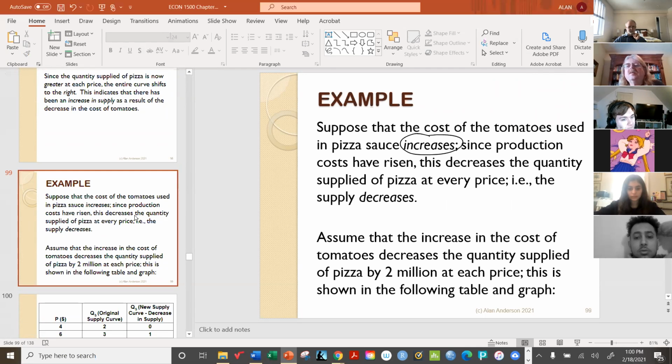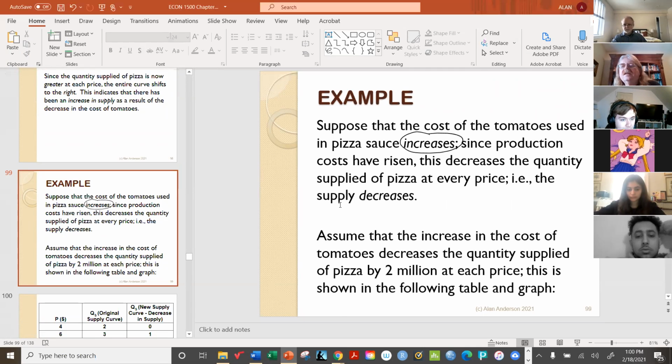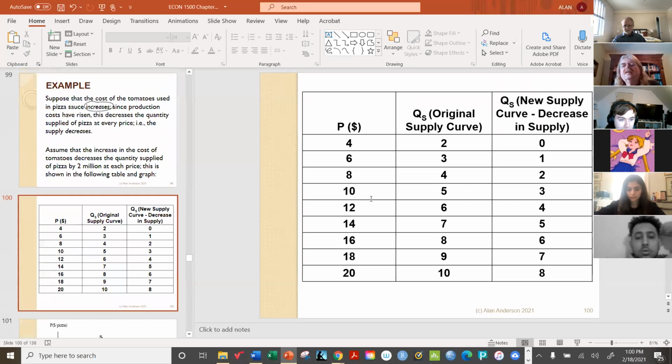Let's say the crop was ruined by bad weather and the tomatoes are terribly expensive this year. And suddenly it's more expensive to make pizza, and so the supply will decrease. Let's just keep it simple and say that at every price, we'll reduce our output by 2 million pizzas.